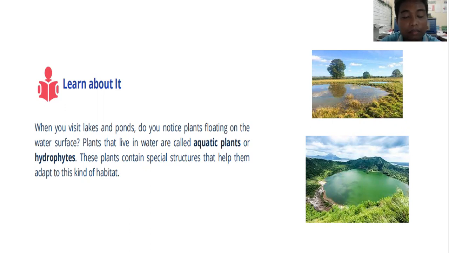So these plants contain special structures that help them adapt to this kind of habitat, because as we know, most of the plants survive through the soil, but these aquatic plants have special structures that help them adapt to that kind of environment. They grow in the water, walay soil.